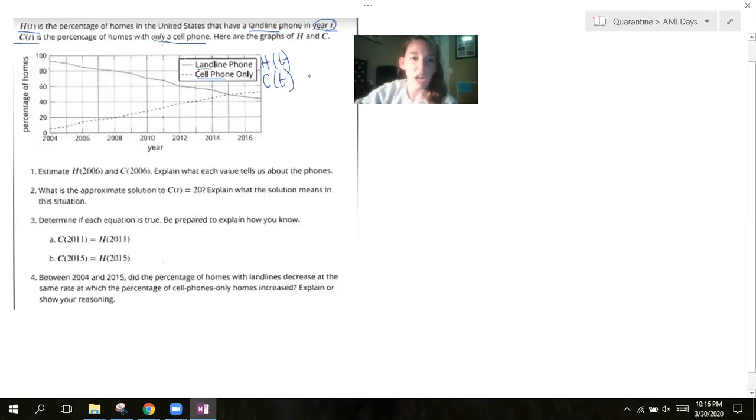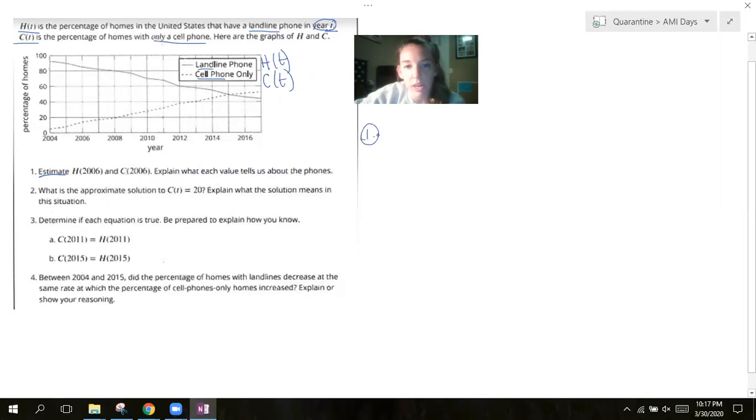We can see the landline phones are decreasing over the years, and the cell phones are increasing over the years, which makes sense because that's what we know to be true with our own phones. So the first question tells us to estimate H of 2006 and C of 2006 and explain what each value tells us about phones.